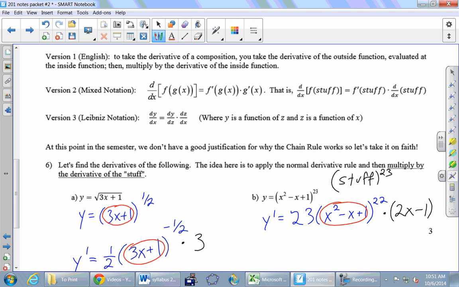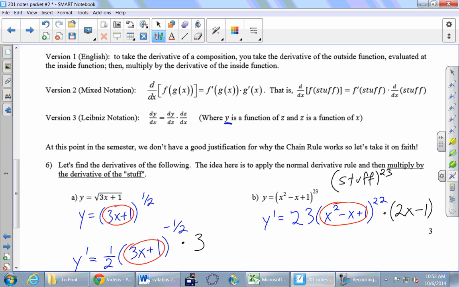And then Leibniz's notation in version 3, dy dx, that's his notation for the derivative. It's dy dz times dz dx. Okay, I'm going to read this parenthetical in a second. But if we just treated these guys over here as fractions, does it seem reasonable that this would be equal to dy dx? Like if it was just fraction multiplication, what could you do to simplify things here? Couldn't we just cancel the dz's and then we get dy on top and dx on the bottom? So it's reasonable, at least the way it looks like a fraction.